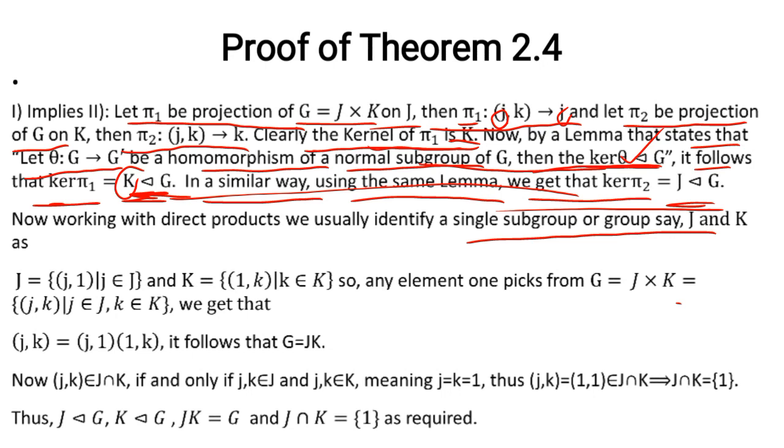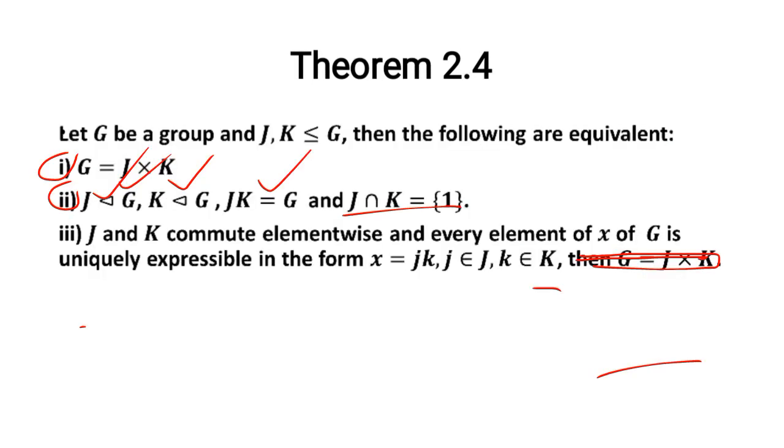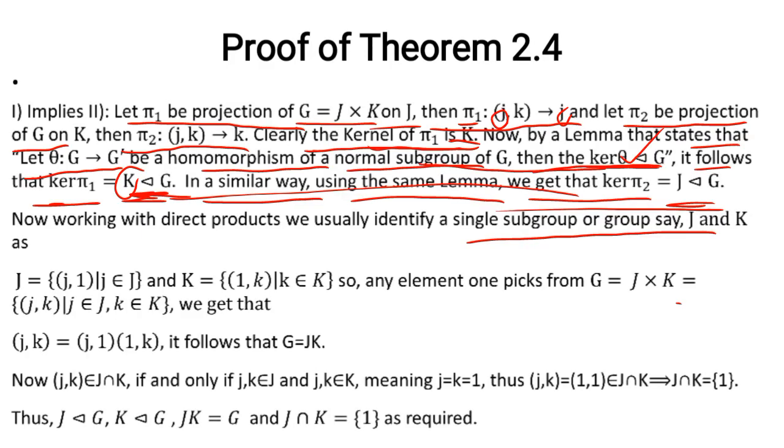So now we want to show that J intersection K is equal to 1. Now, if you're going to pick elements from J intersection K, how would it look? So let's say we pick JK in J intersection K. It must be that J and K are in J, and J and K must be in K, right? Because of the definition of intersection, it's only on that condition.